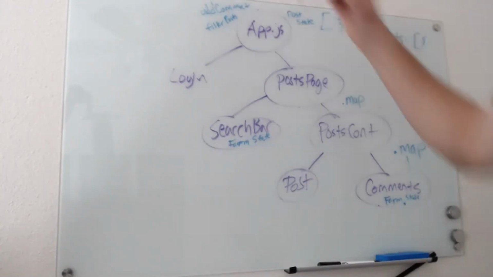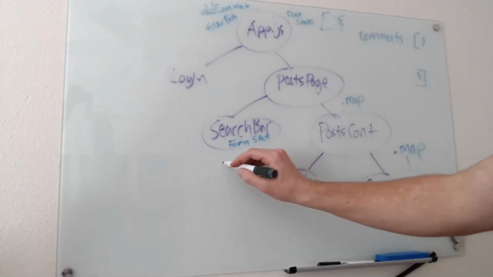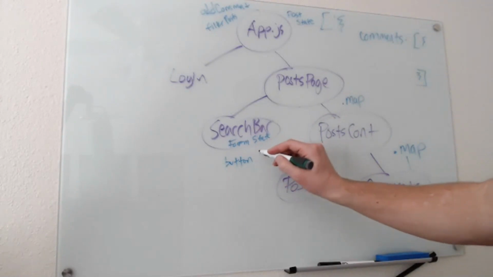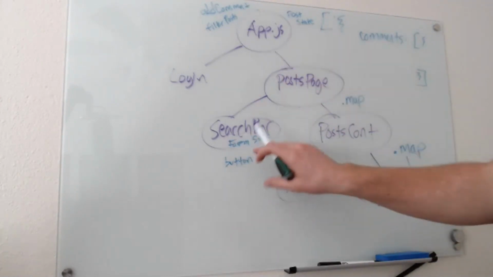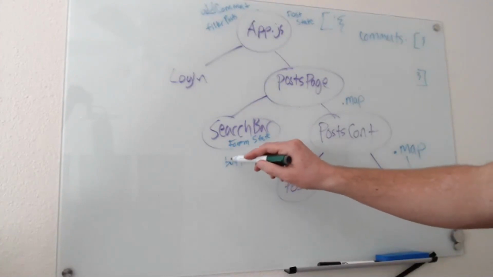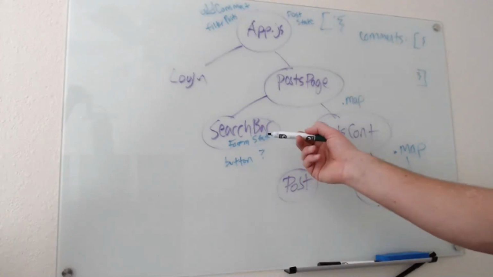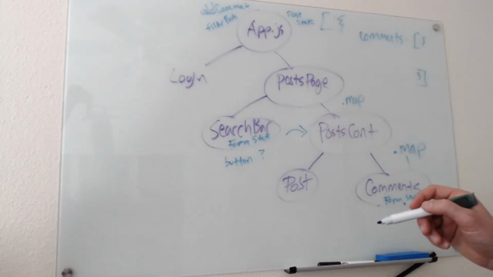Now when I come into these two forms and I say, okay, I've got a button or an onSubmit, what function am I going to call? How do I get, instead of coming here in my code and saying, I need to run a function off of this search bar that affects that component over there, how do I do that?